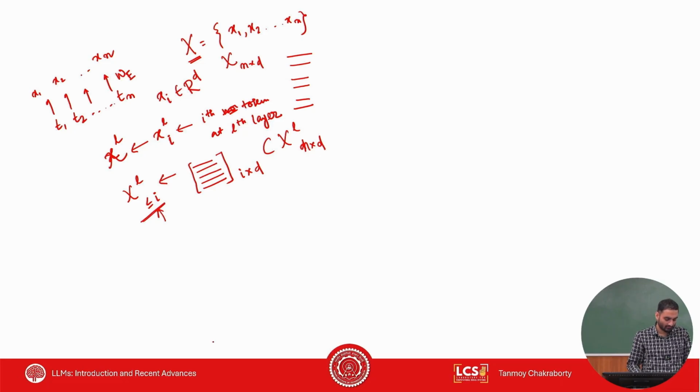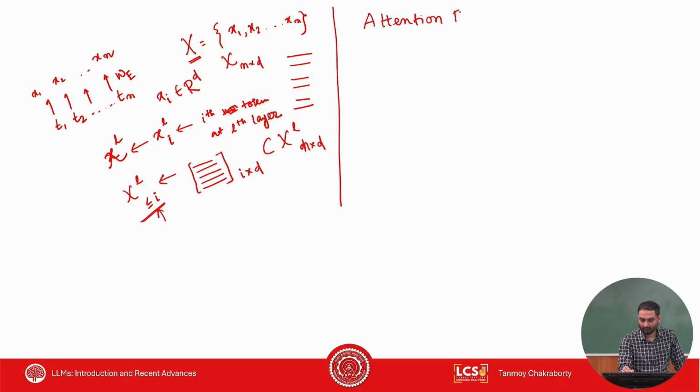All right, so now we look at the attention block carefully. So in attention there are essentially three operations. The first operation is the query key dot product.